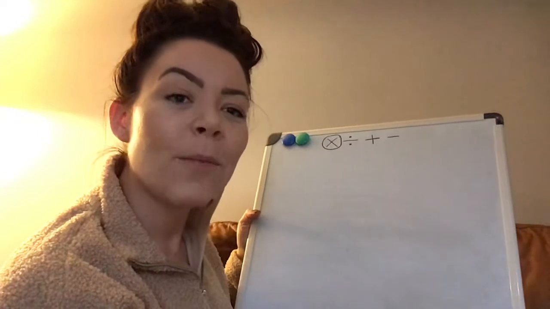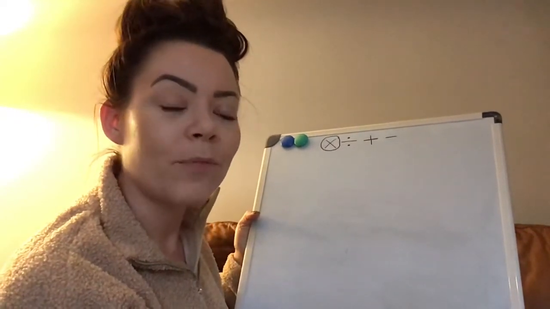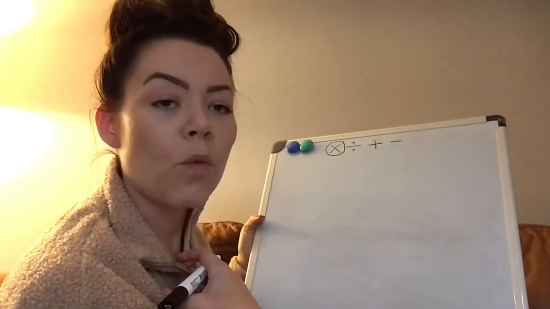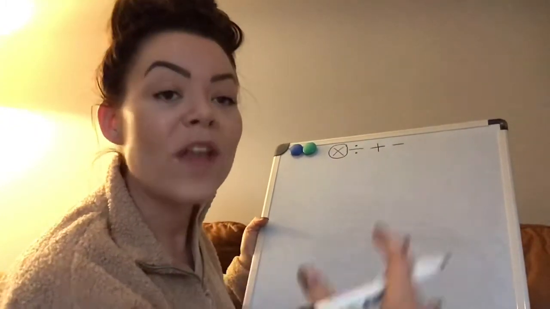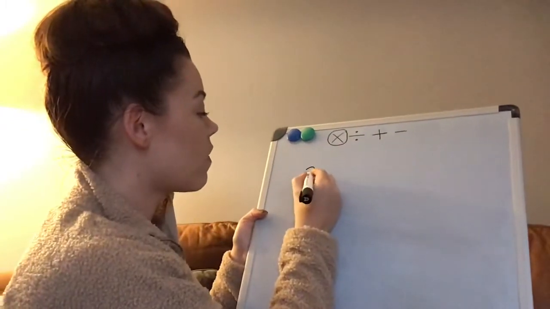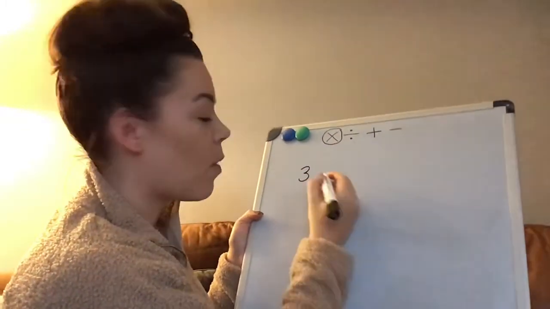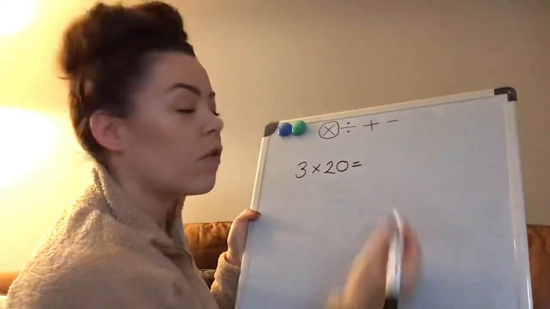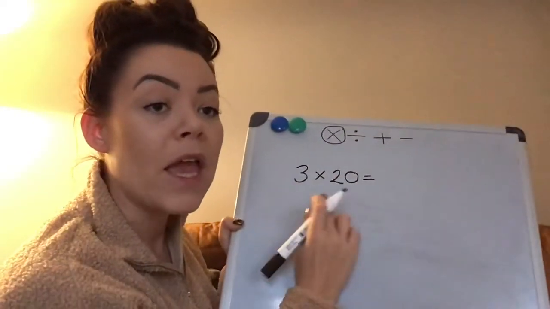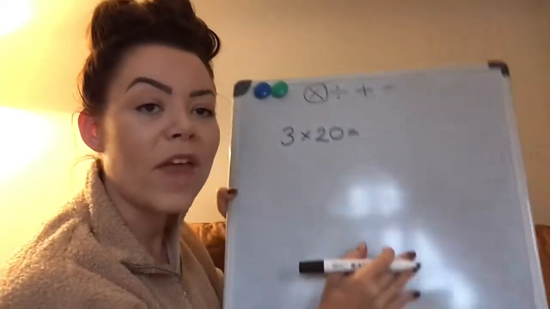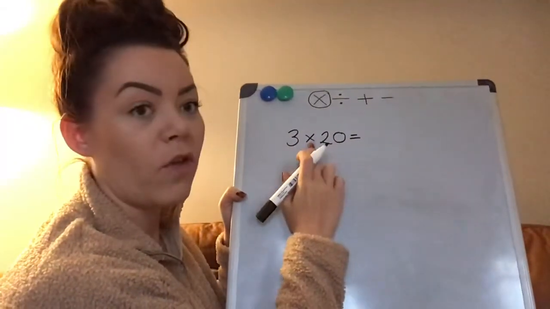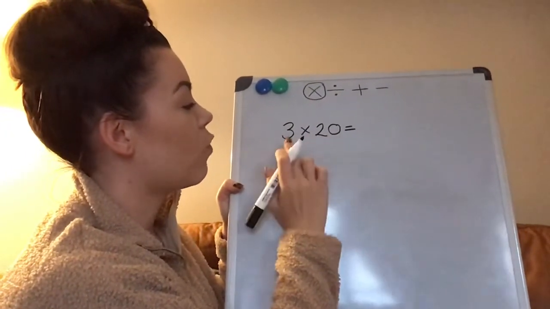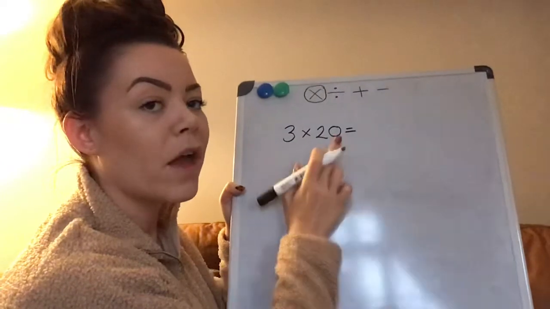I want to know how many chocolate bars I'd get all together. So if there's 3 in one box, but I want to know how many chocolate bars there would be in 20 boxes, the number sentence that I'm doing is 3 in one box, lots of 20, because I want to know how many chocolate bars would be in all of those boxes all together. So I'm doing 3 boxes of 20, 3 lots of 20, 3 groups of 20, 3 multiplied by 20.